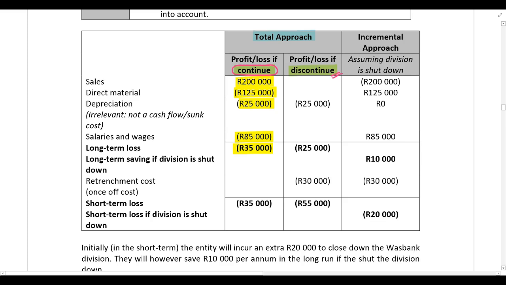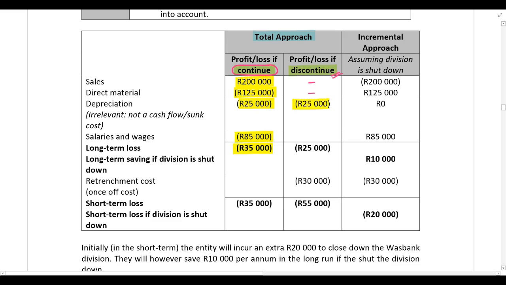Please note, if they discontinue, they obviously won't have sales anymore. If you shut down the division, you won't have any sales, so there's no sales. You also won't incur any variable costs because if you shut down the division, you're not going to buy any direct material, so there's no variable costs. However, the same as the last example that we just looked at, please remember, you're still going to incur this depreciation cost.